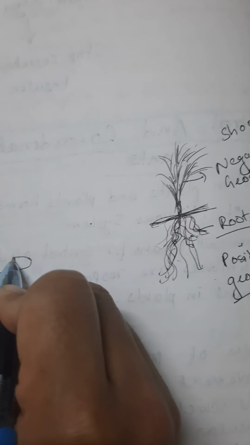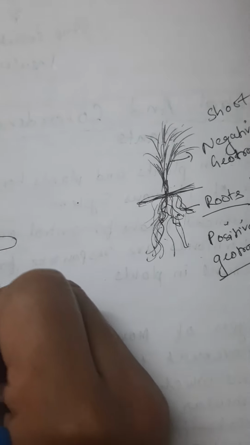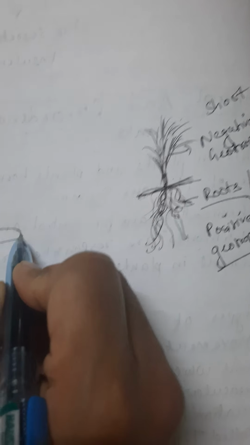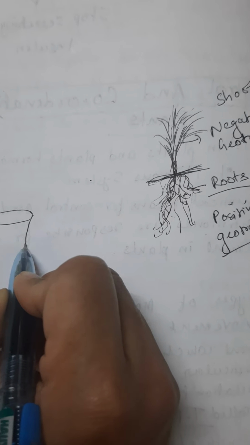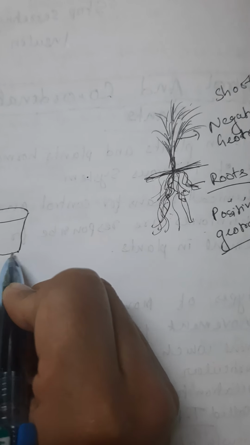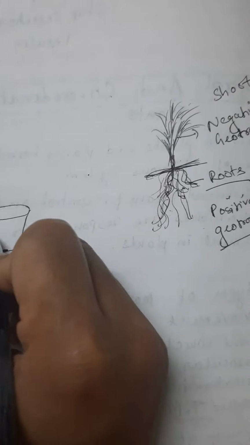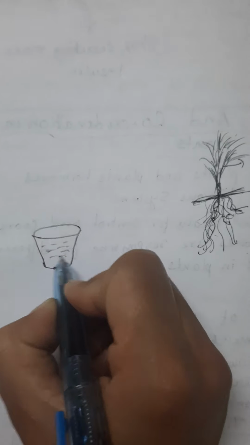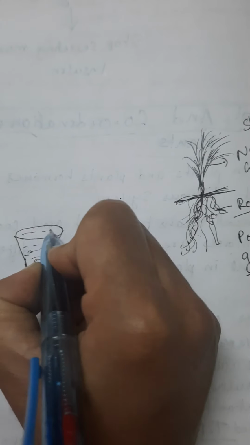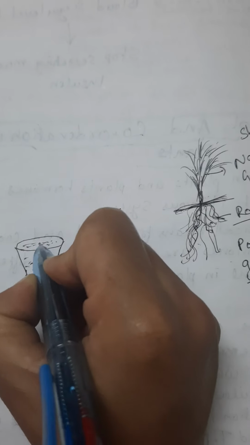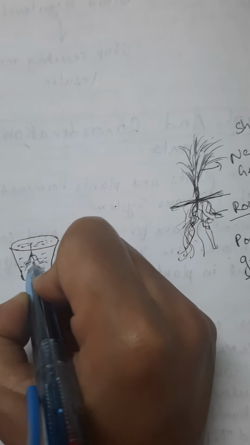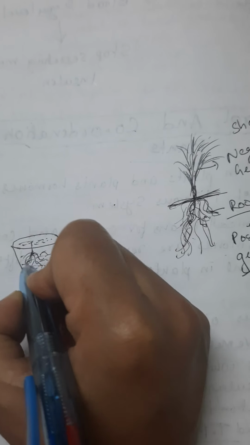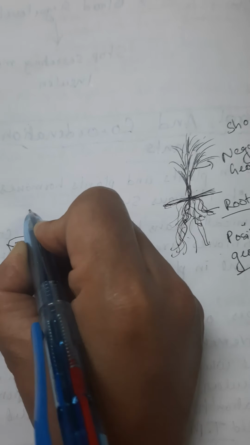I will draw a pot where the plant is kept. Okay, I will show you the root parts also. And this one is the shoot part.